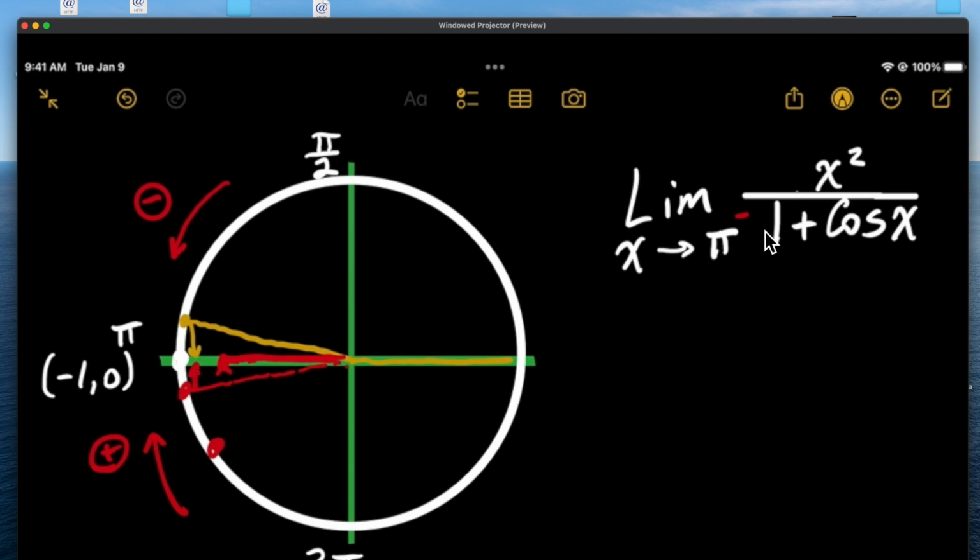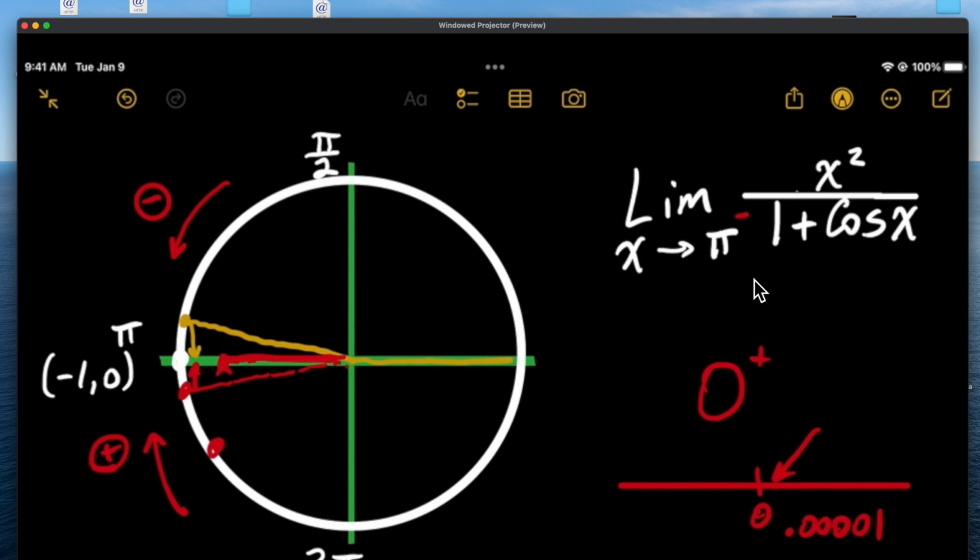And when you add that to 1, the one they gave us, not this one, the one they gave us, we're going to get a very, very small positive number, otherwise known as 0 plus. 0 plus puts us at 0.0001, and when that's in the denominator, everything blows up to positive infinity.